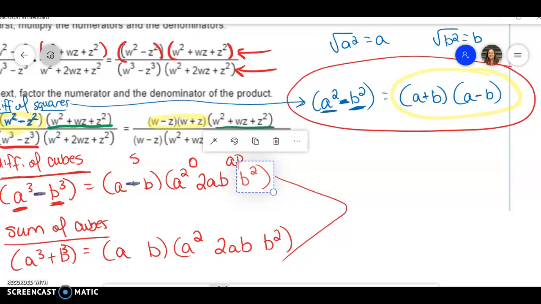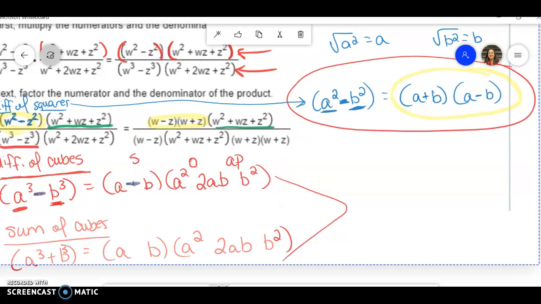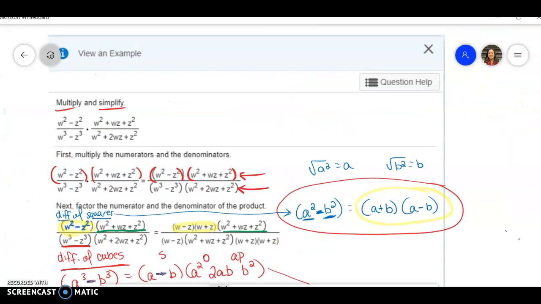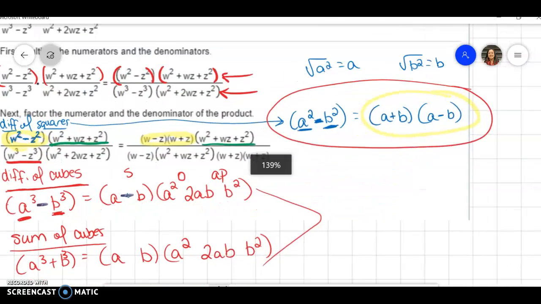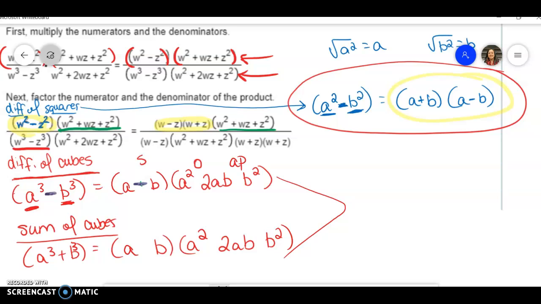Opposite means I'm going to do the opposite sign of what I had, because I am factoring the difference of cubes. I apologize, I don't know what's going on with my screen, my computer's acting up. That means subtraction, and the opposite sign is going to be plus.